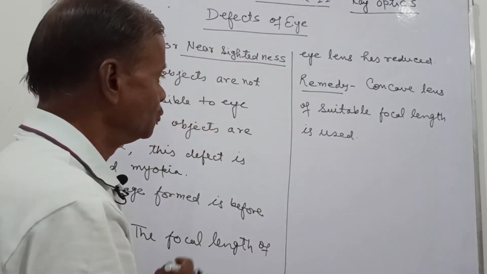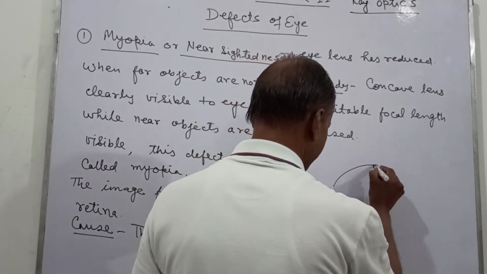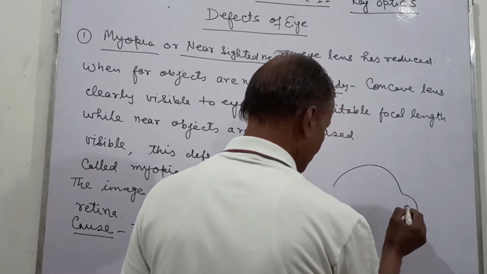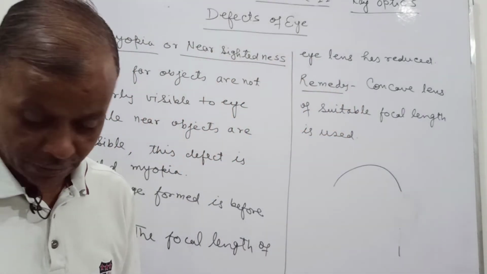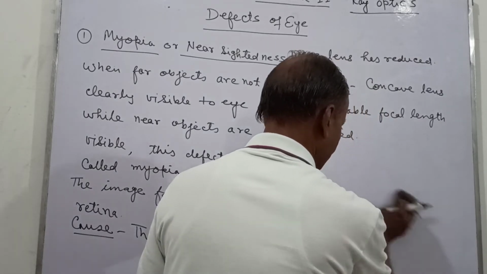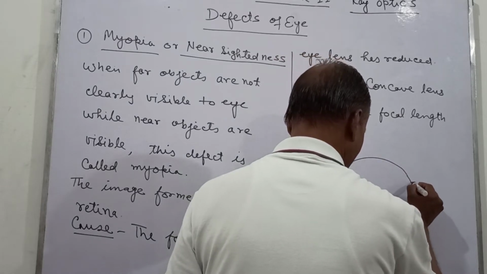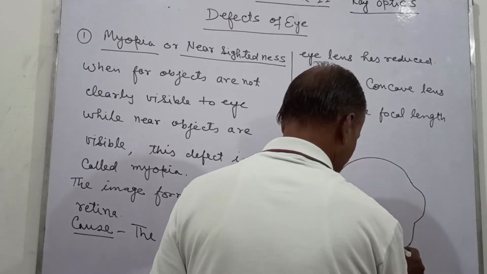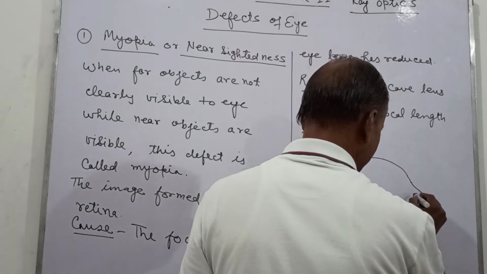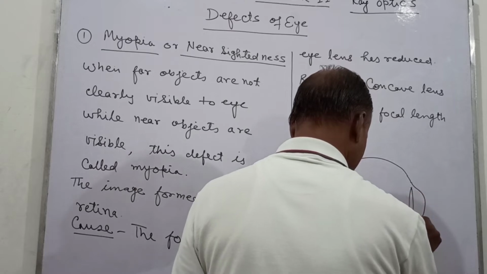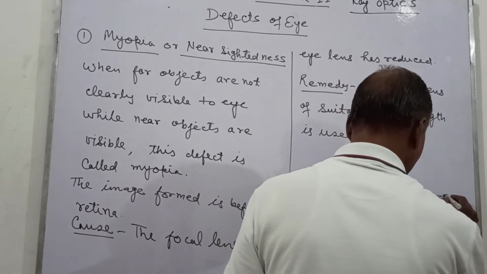So what do we do in this? Suppose this is your eye, and here is the lens. The light is coming from far objects.